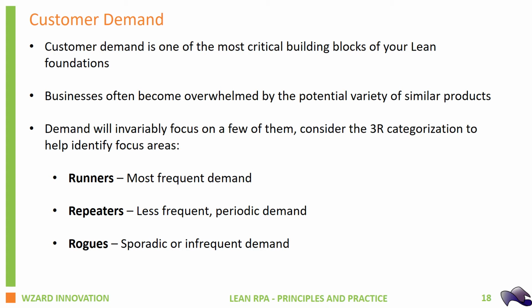A rogue, or sometimes referred to as a stranger, is a sporadic or infrequent demand or an exception, and this is typically dealt with through a team of very technical experts. Now, let's have a look at that in a bit more detail.